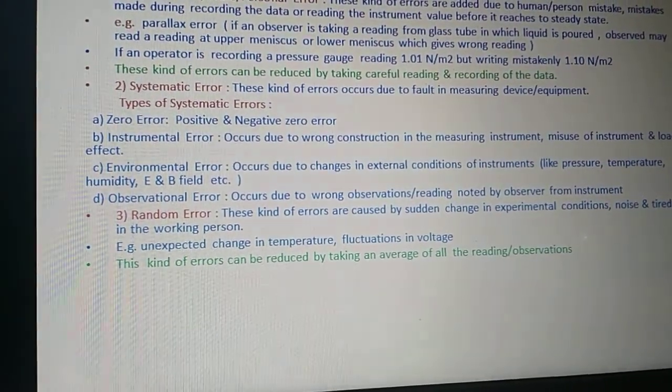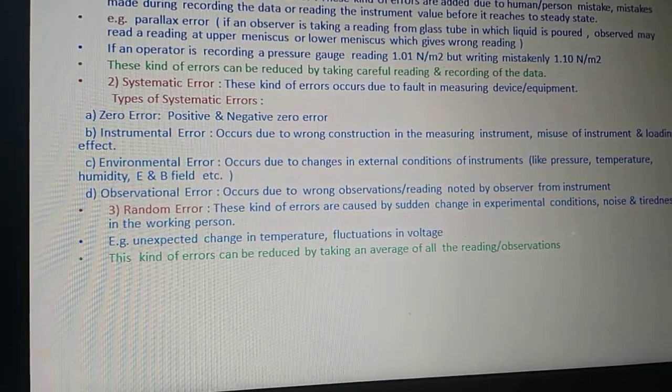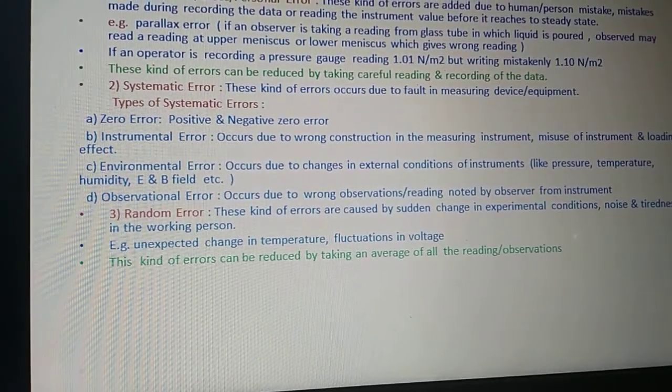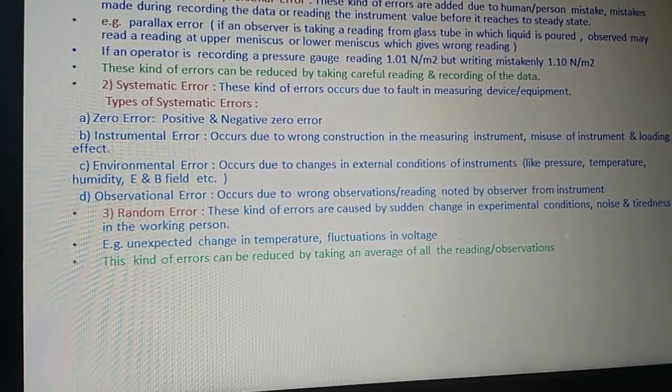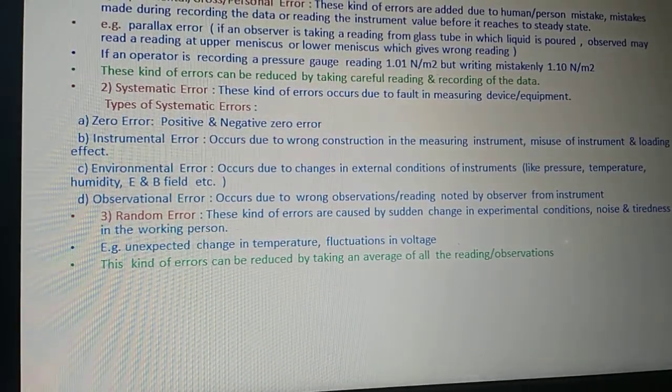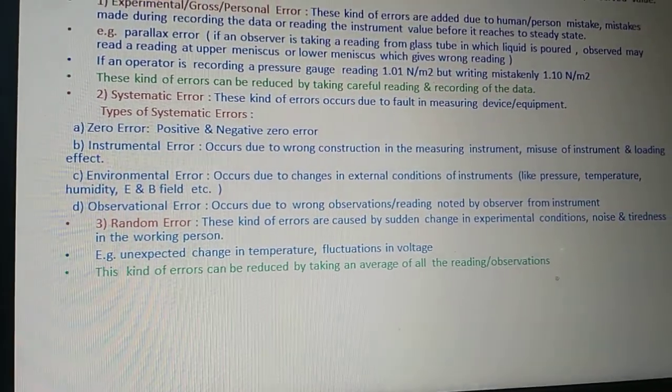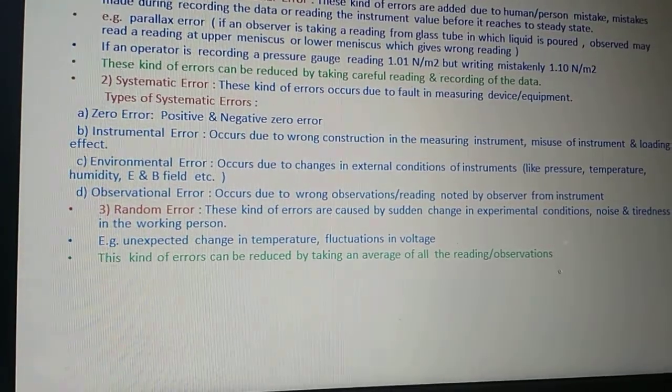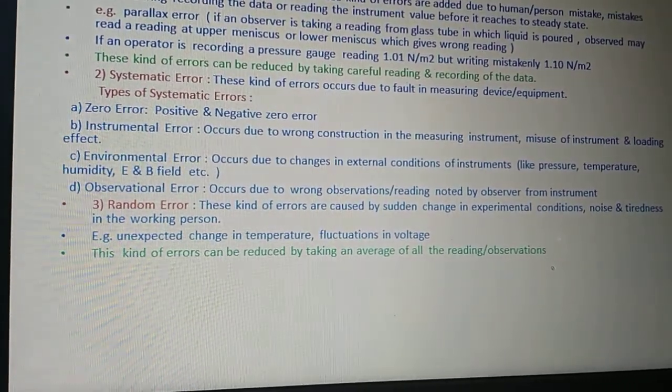And the fourth type of systematic error is the observational error. These observational errors occur due to wrong observations or readings noted by the observer from the instrument.